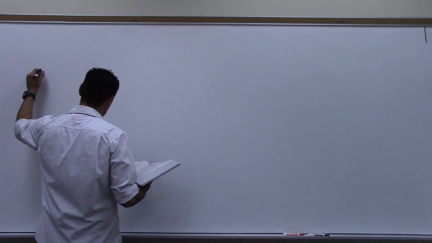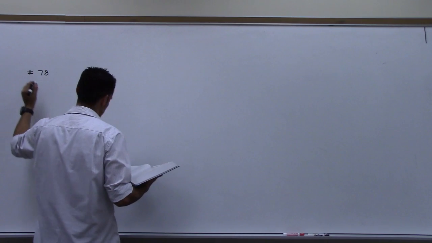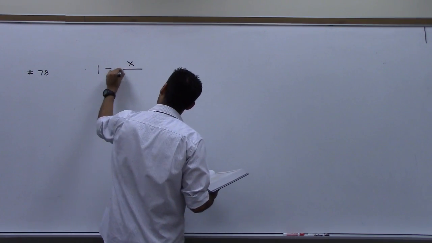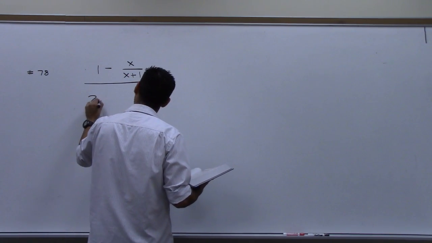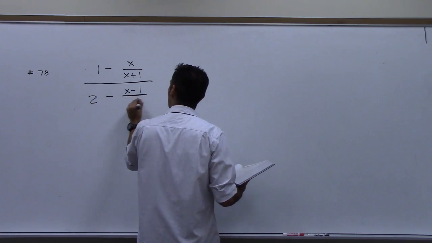All right, something like 78. One minus x over x plus 1, over 2 minus x minus 1 over x.